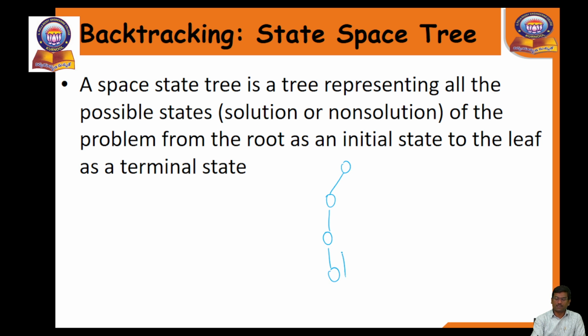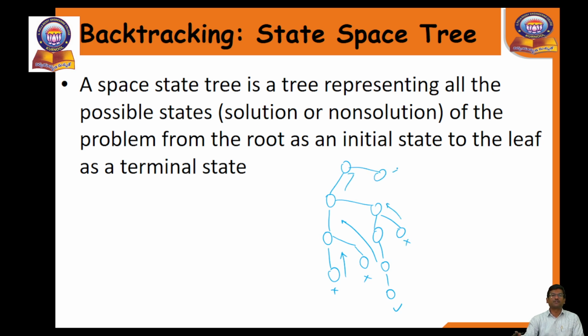If it does not, then backtrack and find the other path which may lead to the solution. If it leads to the solution, then take that into the solution set. And if it does not, backtrack and find the other paths which are available. So this is how we can introduce the concept of backtracking.